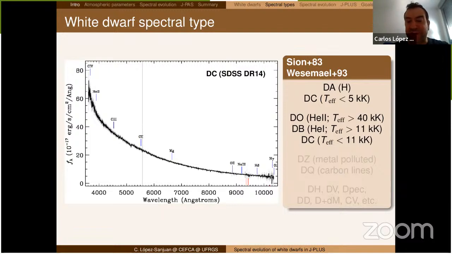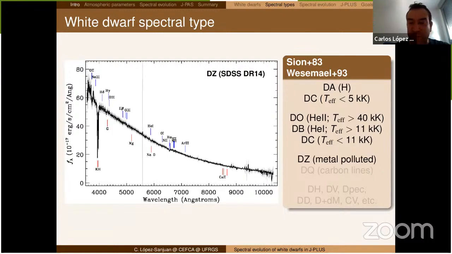But there are more things there. You can find, for example, metal-polluted systems, what we call DZs. Z is for the metals. Here you see an example of a white dwarf that basically has no absorption, but the calcium H and K lines. This was very weird at the beginning when these objects were discovered. There was a discussion about what the origin was.